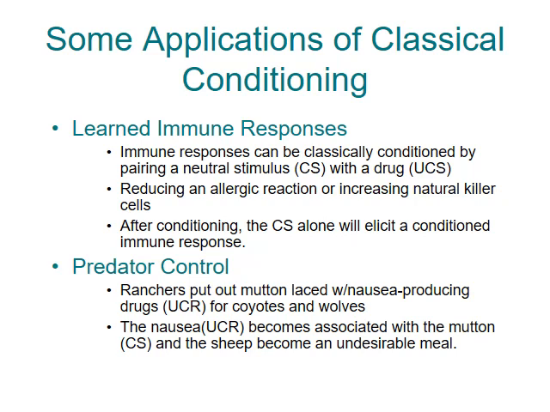The idea is not to hurt the animal, it's just to get them to find the sheep unattractive. The wolves and coyotes don't know about the drug, it shouldn't have a strange taste, it makes them nauseous. Then they start to associate the sheep as an undesirable meal, because the sheep meat gets paired with the nausea. The drug causes the nausea, and the sheep meat now makes the animal feel nauseous.